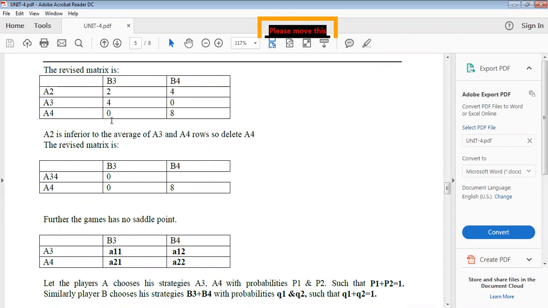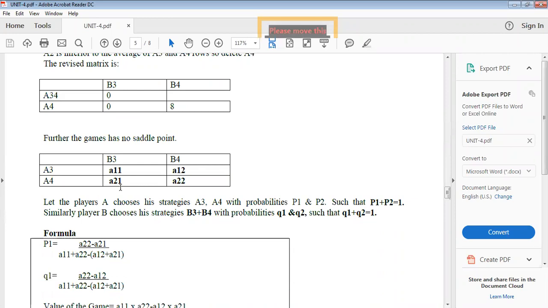A2 is inferior to the average of A3 and A4. 2 is coming, 4 is coming. So there will not be any inferiority in this particular thing. We cannot say anything on this.